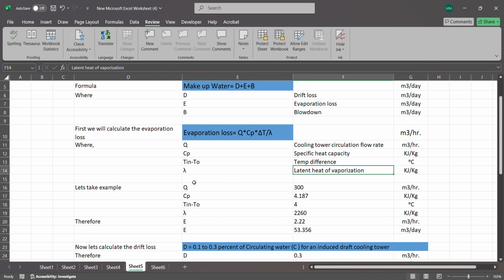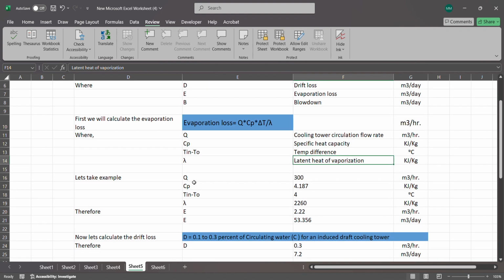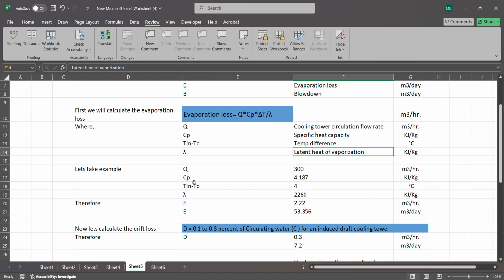Now let's calculate. We take an example for evaporation loss calculation. We will consider a cooling tower with 300 meter cube per hour of circulation flow rate. The Cp of water, as you know, is 4.187 kilojoule per kg, right?